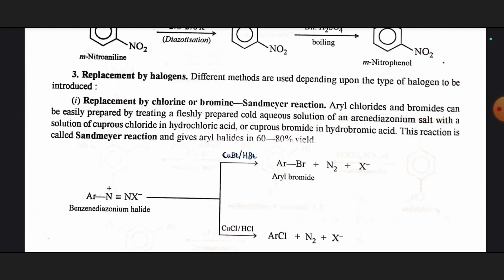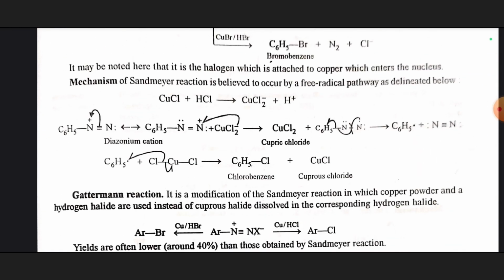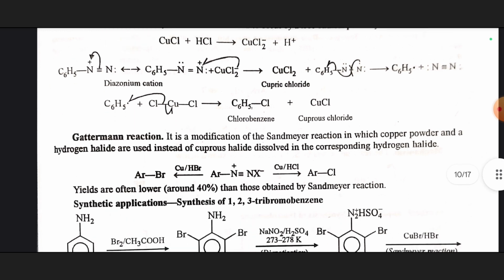This reaction is called Sandmeyer reaction and gives aryl halide in 60 to 80% yield. It may be noted here that it is the halogen which is attached to copper that enters the nucleus.